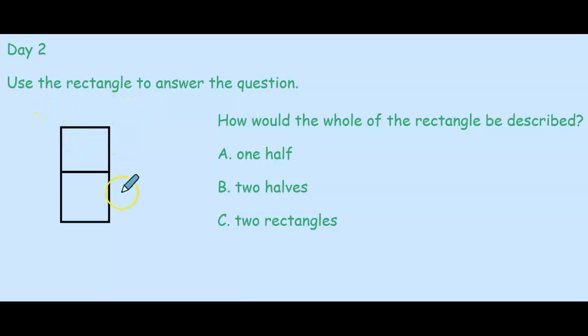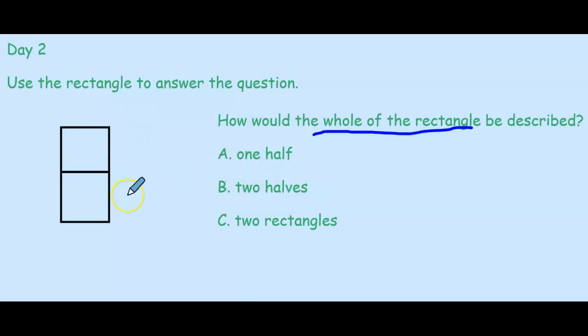Now let's use this rectangle to answer the question. How would the whole of the rectangle be described? Well, let's see. I see a rectangle, that's the whole rectangle, and it's partitioned right here into 2 equal parts. So how would we describe the whole rectangle?